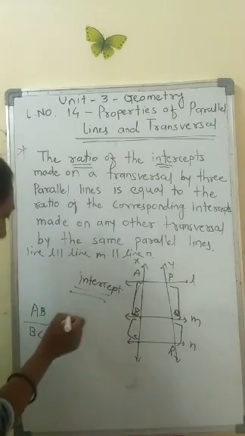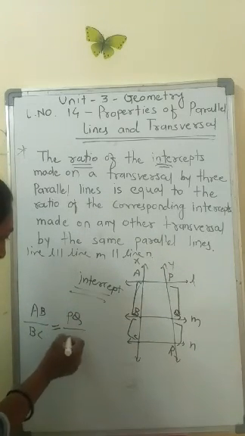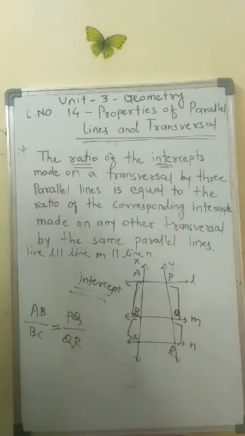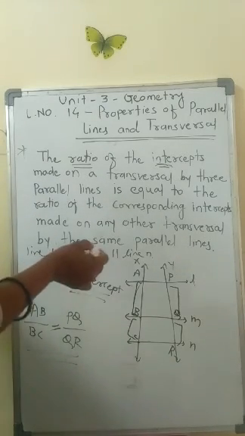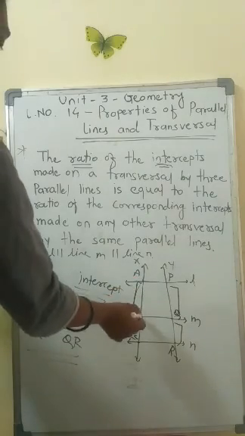Then you get the ratio PQ upon QR. Those two ratios are equal. This is also known as the property of intercepts made by 3 parallel lines.